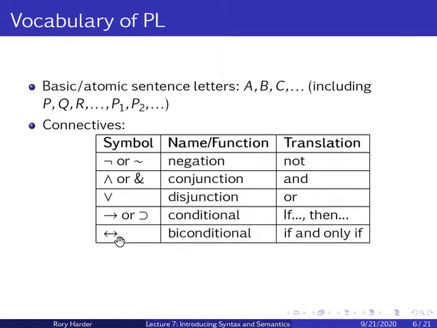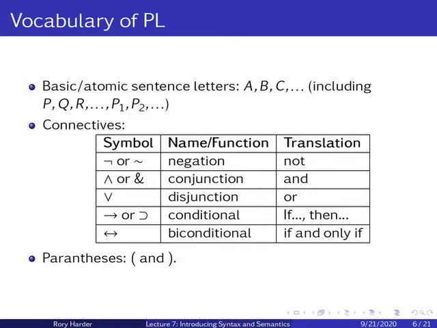Now the final symbol is the biconditional, which is an arrow pointing in 2 directions. And this translates to English, if and only if. Now, in addition to the basic atomic sentences and connectives, there are the parentheses or brackets. So the 3 things I've listed here exhaust what we call the vocabulary of our formal language.